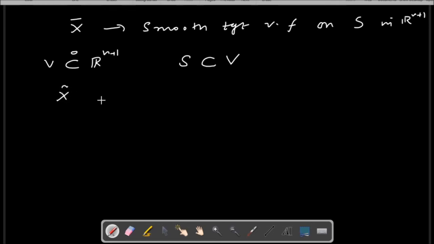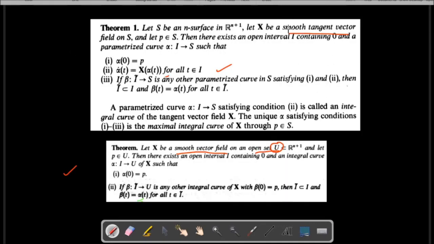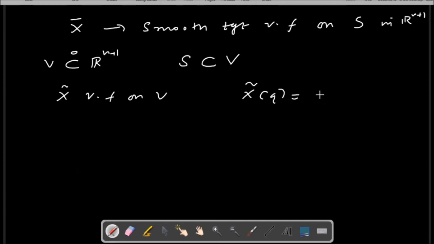That is, let X tilde be a vector field defined on V, such that X tilde of Q will be matching with whatever the smooth tangent vector field we have, for all Q in S. Okay, so we are considering the smooth vector field X tilde on V in such a way that X tilde and the vector field X bar will match on S. So that means the restriction of X tilde to S is X bar. Okay, let it be there.